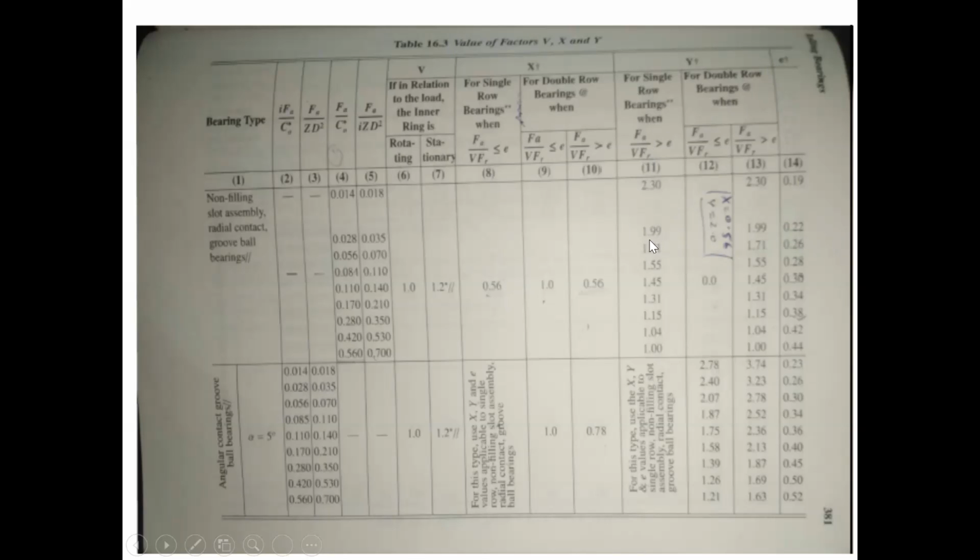So corresponding to e, we will select the Y. Suppose Fa upon V Fr is lesser than e, then it is given in the same table on the next page that if Fa upon V Fr is less than e, take X equal to 1 and Y equal to 0. That means in that case, the axial load effect on the bearing will be almost negligible.